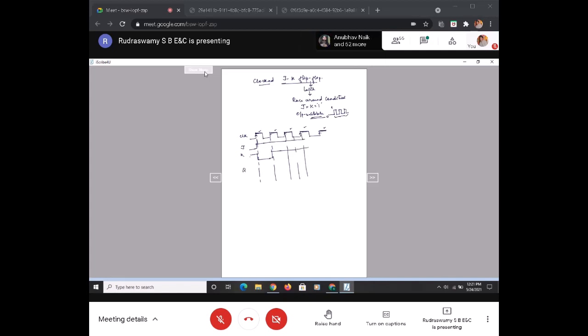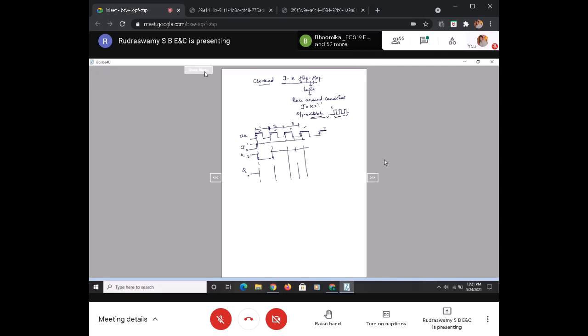Now, assuming Q previously is set to 0. The moment the first clock comes, this is my first clock, this is my second, this is my third.